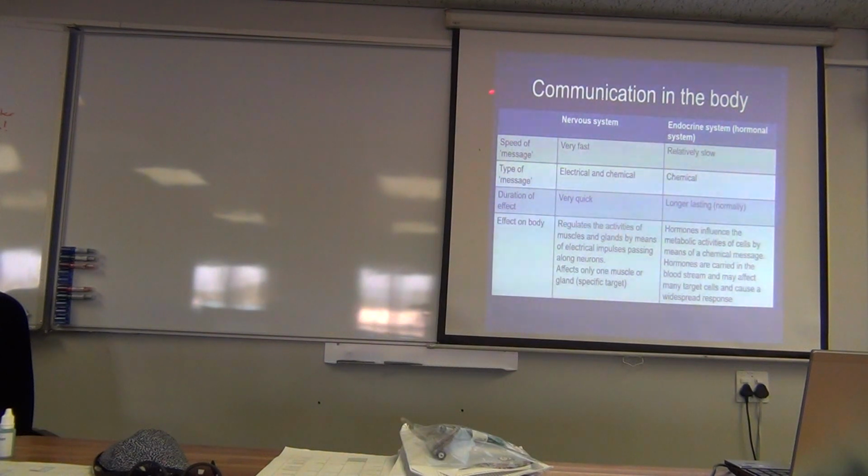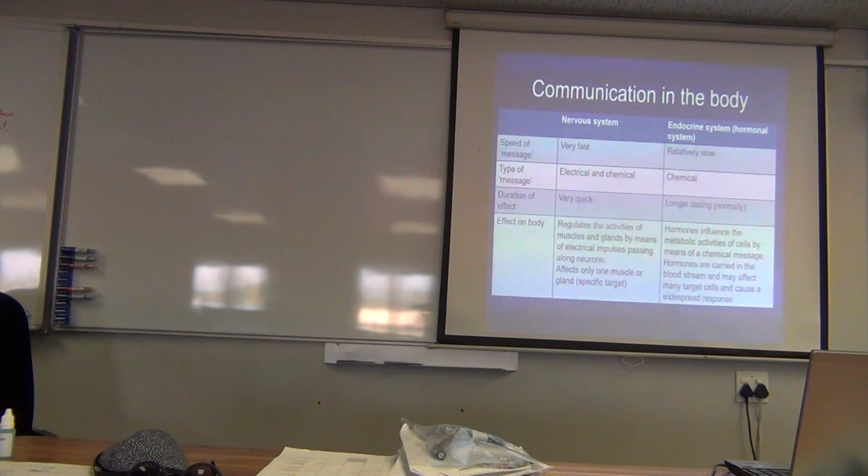Okay, the one thing that this table lacks is a good heading. So there should be a heading which explains exactly what is in this table. The heading would be something like a comparison of various aspects of the nervous and endocrine system in a human.